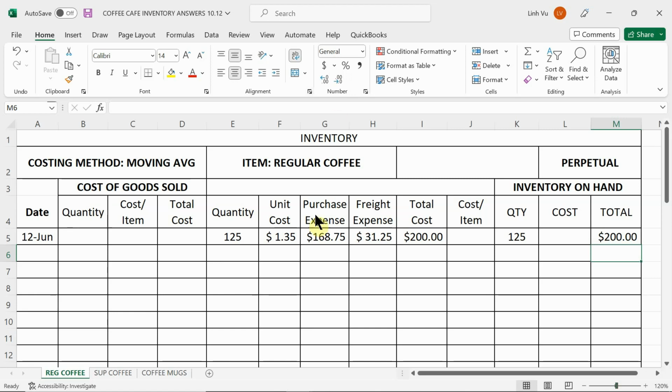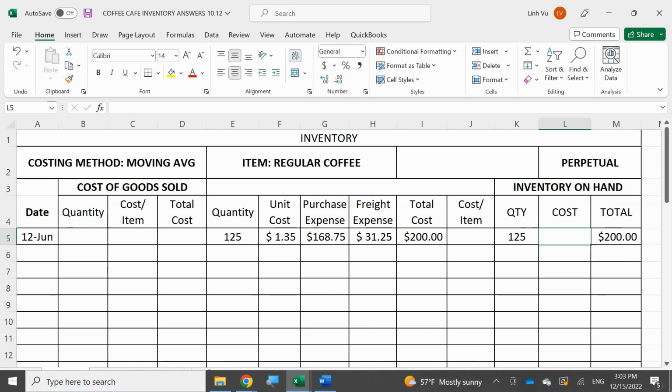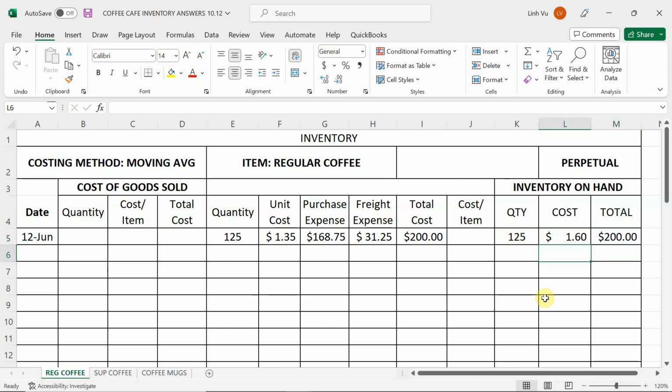So in this case, this is the formula you need to put in this middle section here. That my $200 divided by the 125 pounds is going to give you $1.60. Okay. All right. So that's my first one there.